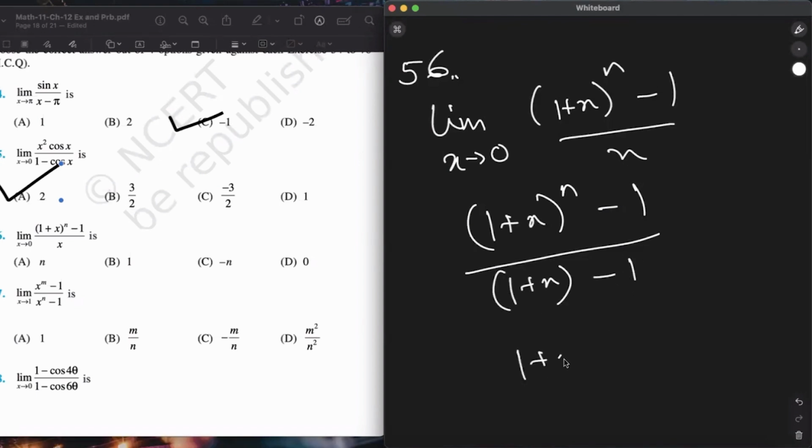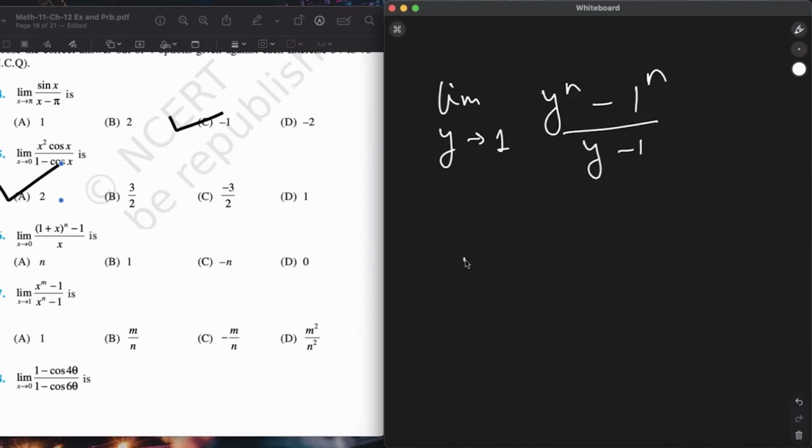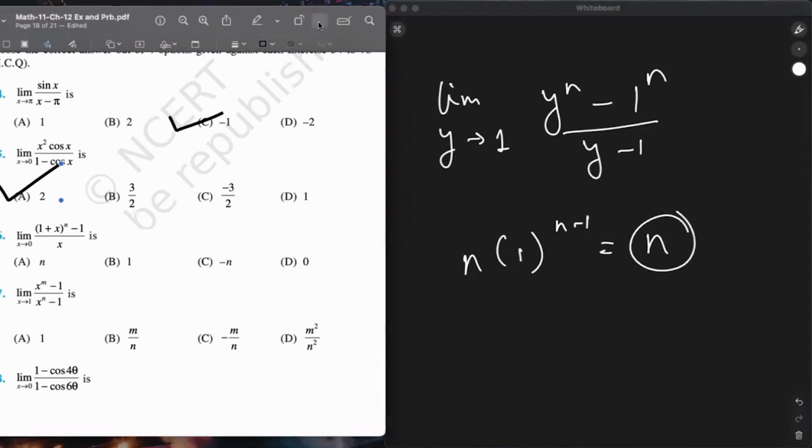So I'll just put 1 plus x equal to y. So when x tends to 0, y will tend to 1. Now, my new limit, y tends to 1, y to the n minus 1, over y minus 1. So n minus 1 is nothing but n. So the answer for this one is A.